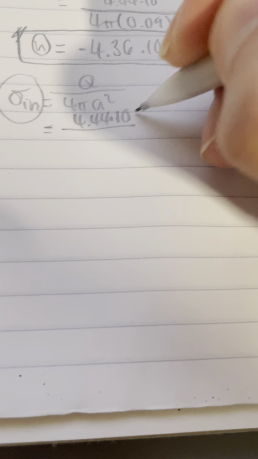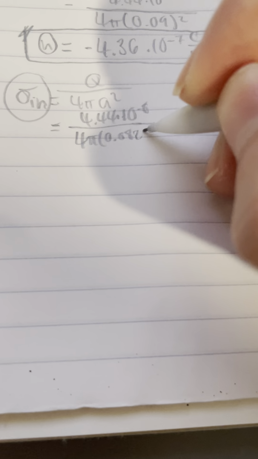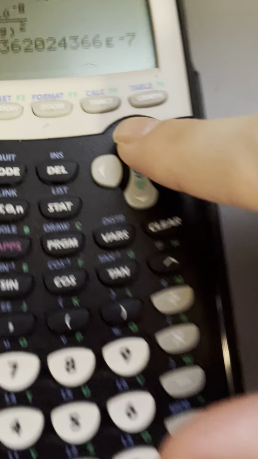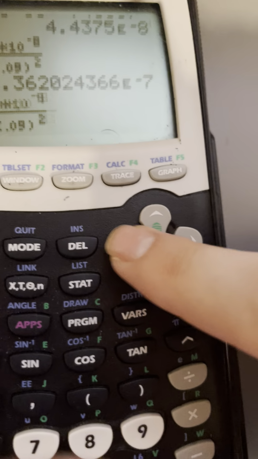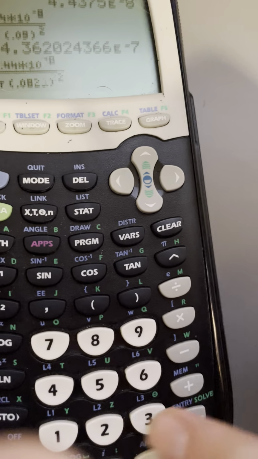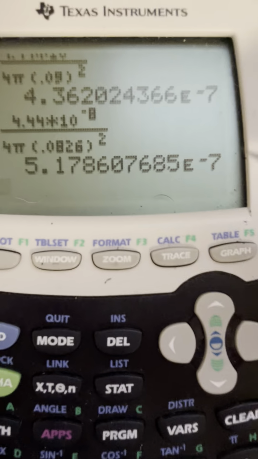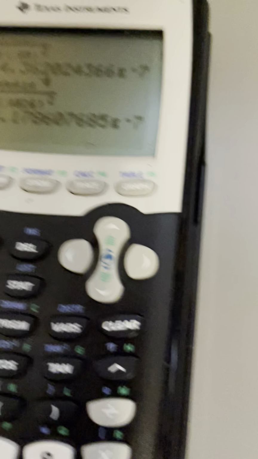That gives 5.18 times 10 to the negative 7th, but this is going to be positive since we're talking about the inner shell.